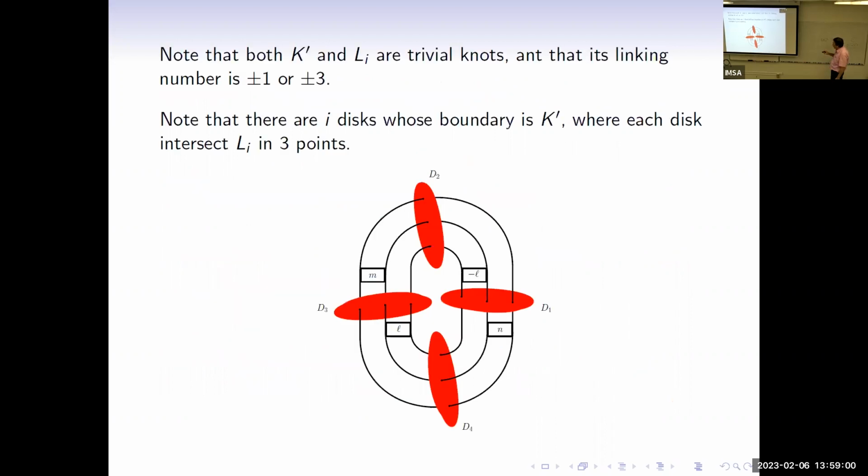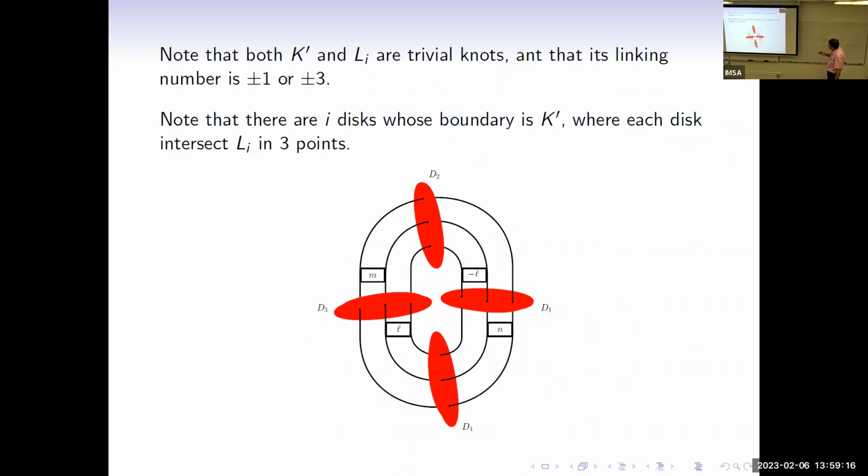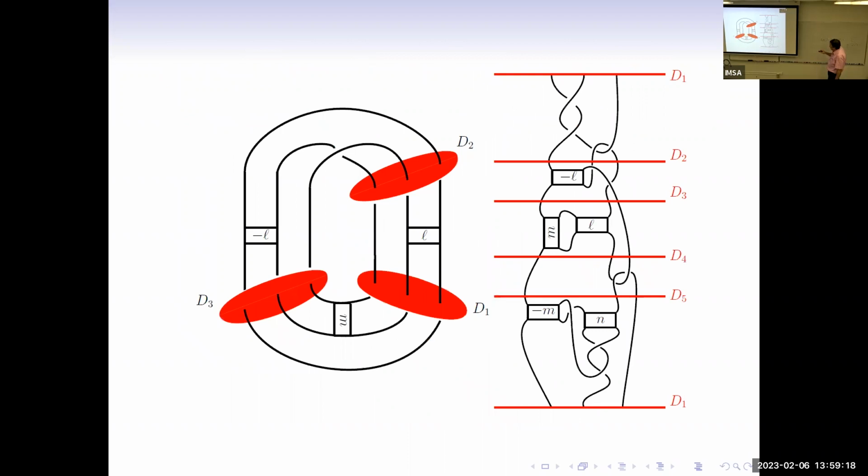So here, in this case, we have 4 disks, all with the same boundary. So this leads to 4 Seifert surfaces. And this we will have 3, and in this case we have 5.